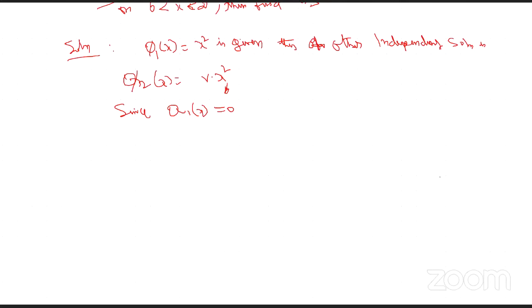And v of x equal to, what is the formula we have previously discussed? v of x equal to integration 1 by phi 1 square of x into e power minus integration a1 of x dx. This formula we need to apply now.